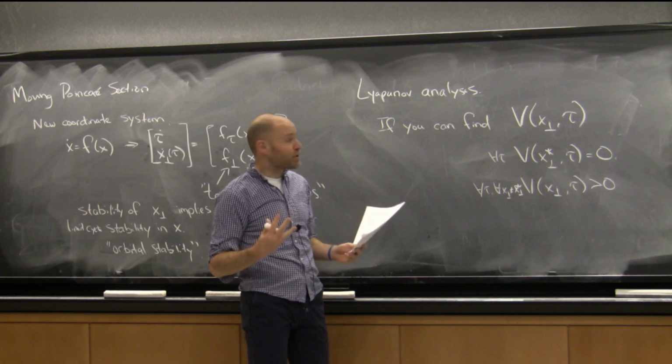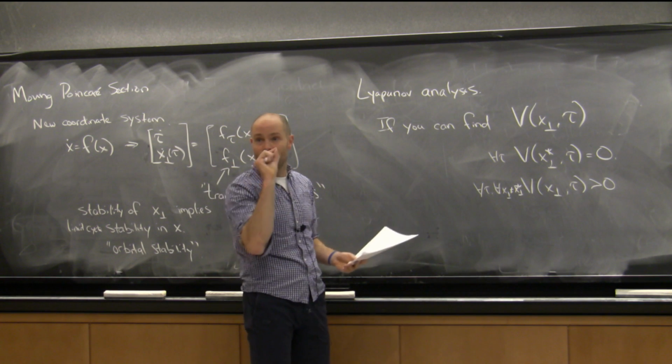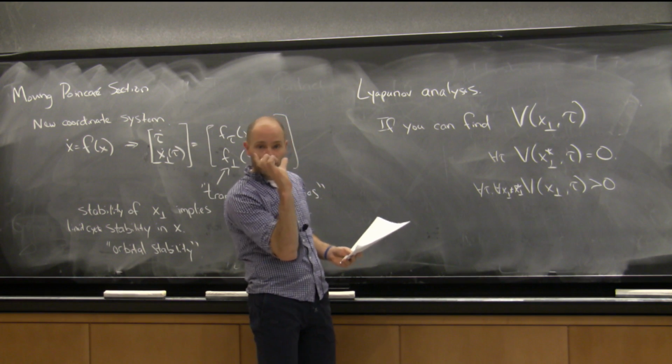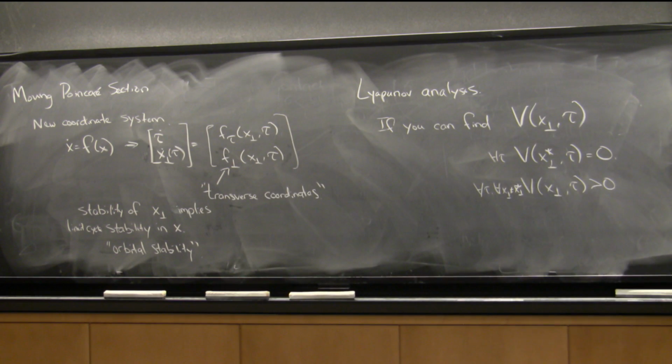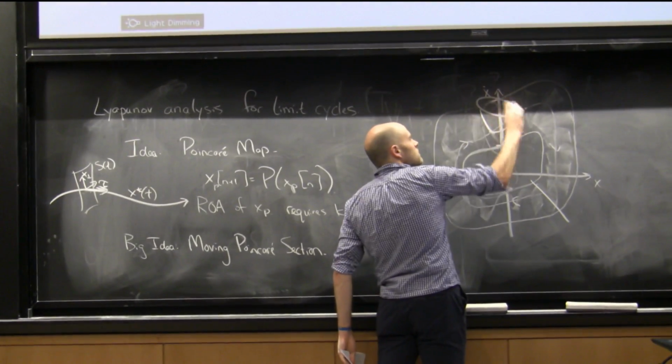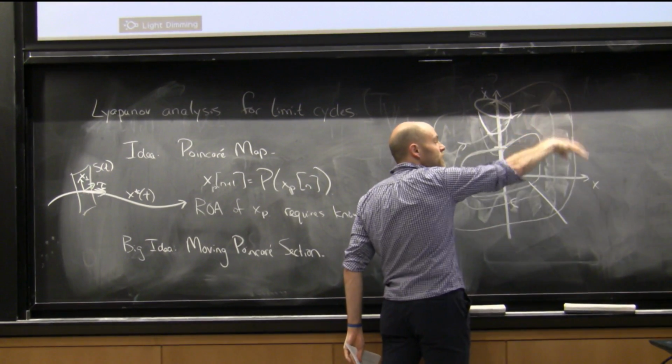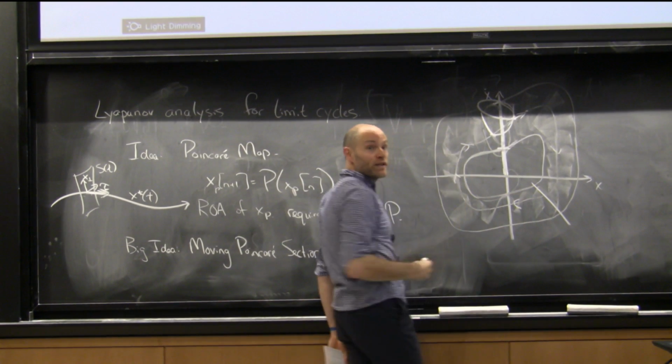This is a Lyapunov function that goes up, and it's 0 at the origin. So the picture you should have in your head, the simplest case, would be a quadratic form that's coming up from this, some quadratic form that's sort of moving along the trajectory.